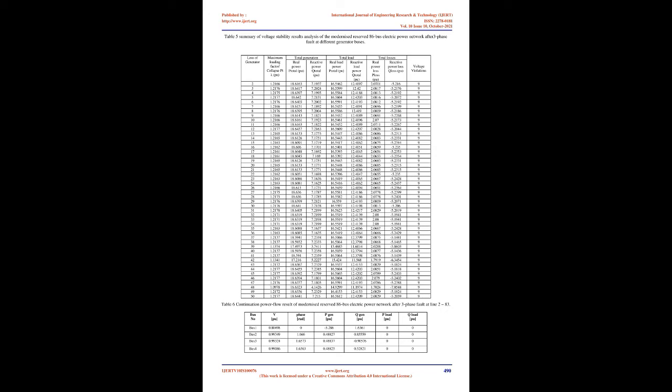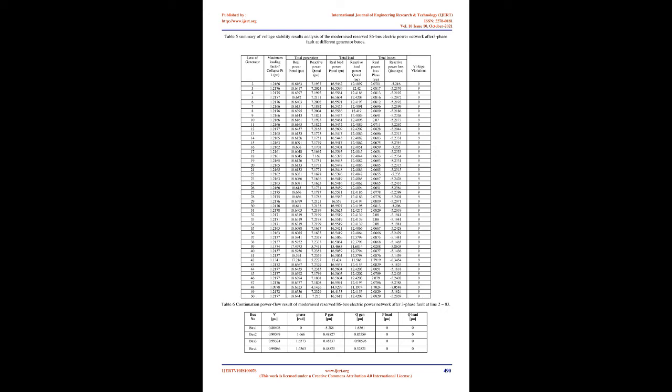3596.25 var, respectively. Figure 9a shows variation of bus voltage with increasing load factor on the modernized reserved 86 bus electric power network under normal operating conditions. From the P-V curve of Figure 9a, the maximum loadability point/collapse point of the bus system is 1.1753 pu, 352.59 MW.